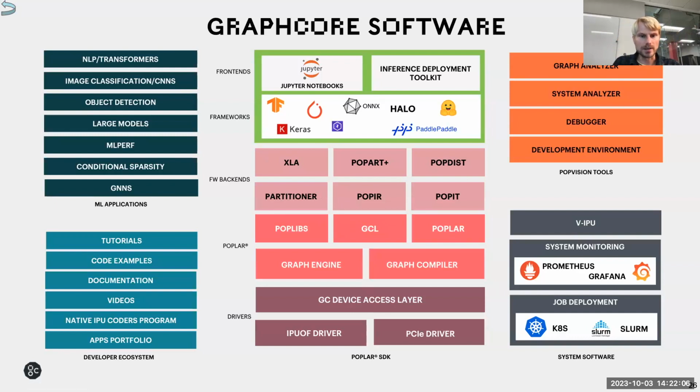Around this core software stack, we have examples of different applications, tutorials, documentation, different profiling tools that we call overall PopVision tools, and then some monitoring and orchestration tools like Kubernetes and Slurm that are supported. And we'll be using later today, well, in a few minutes actually, tutorials, which are a part of the examples repository on our GitHub.